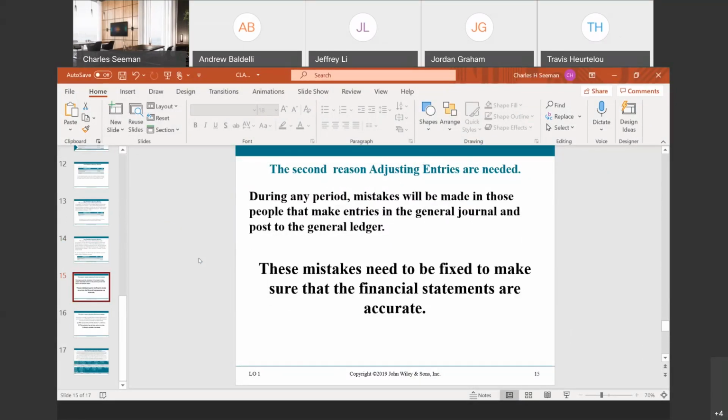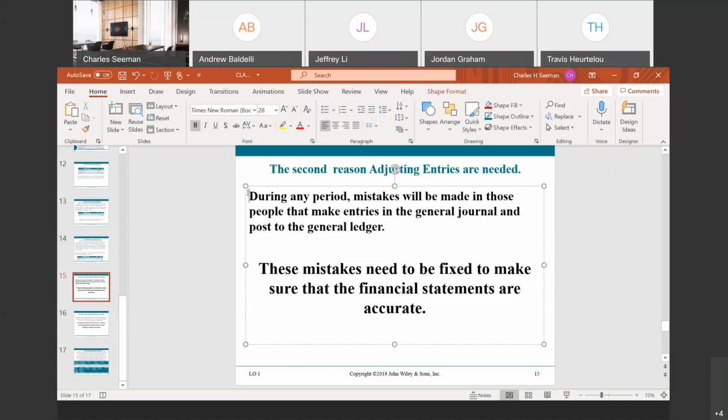In accounting, we refer to that as cleaning up the general ledger. And when a general ledger is clean, we say that it is so clean you can eat off it. That means that everything is correct and all the accounts are the correct amount. But there's an understanding that people will make errors.